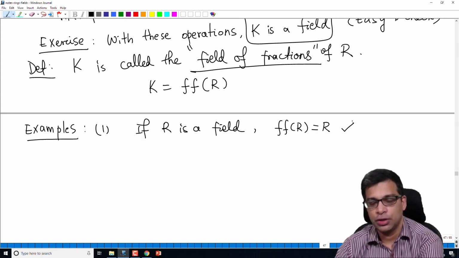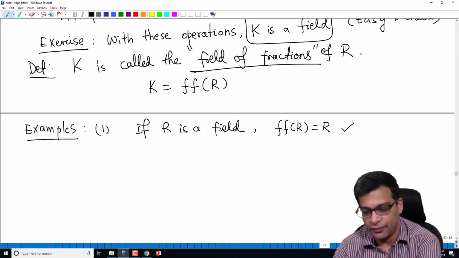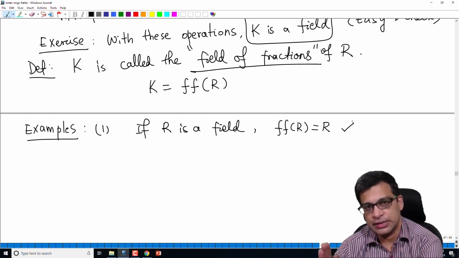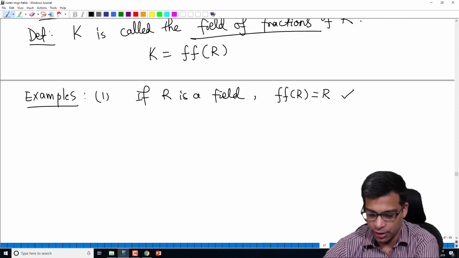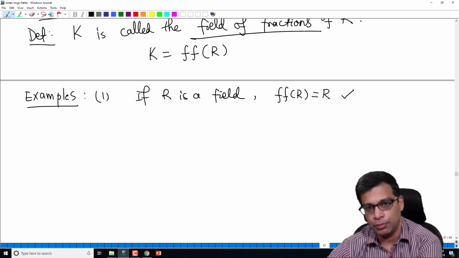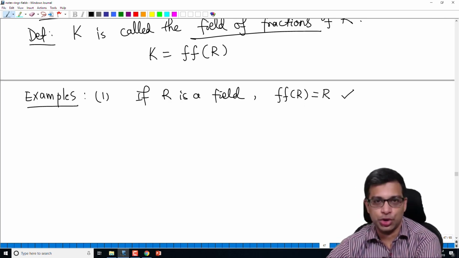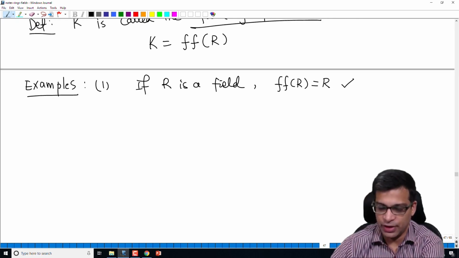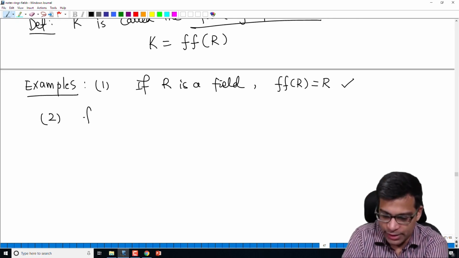This also confirms what I said. The field of fractions is the smallest field containing a ring. So if R is a field to begin with, you should not get anything bigger. So its field of fractions is itself.